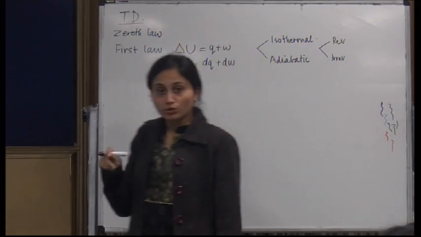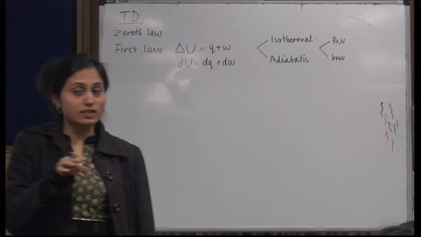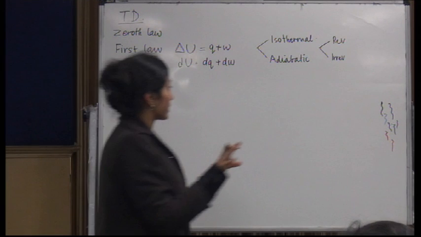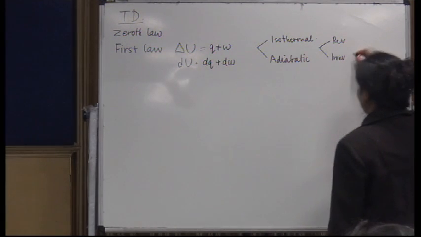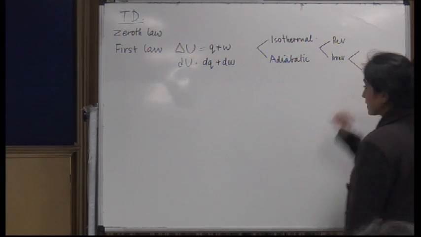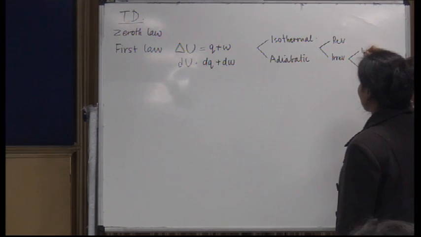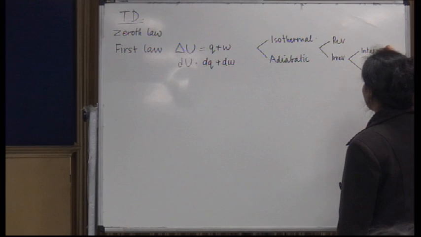I also told you that the work done in the reversible process will always be greater than the work done in the irreversible process. Another thing, when you talk about irreversible processes, there are two types. One is the intermediate and the other was the free expansion process.